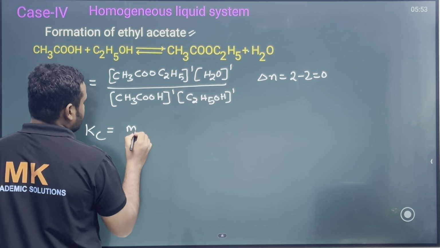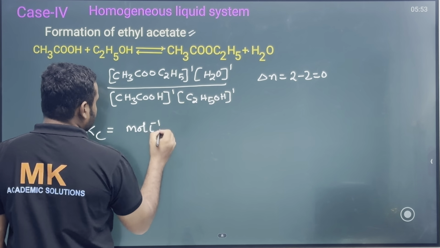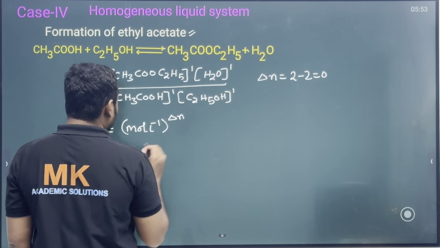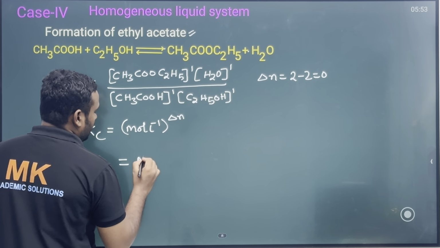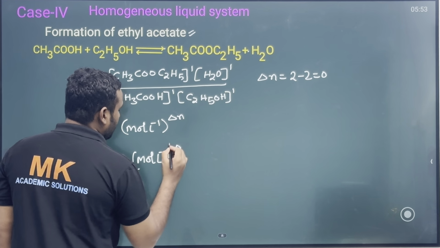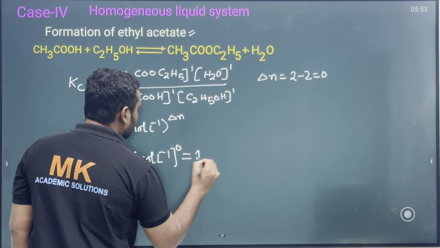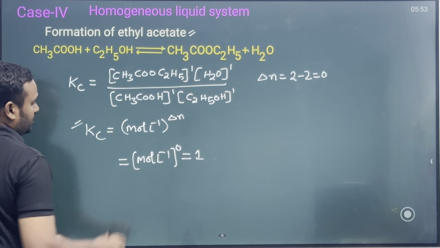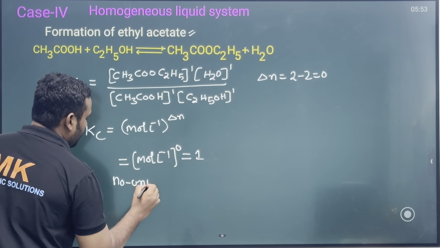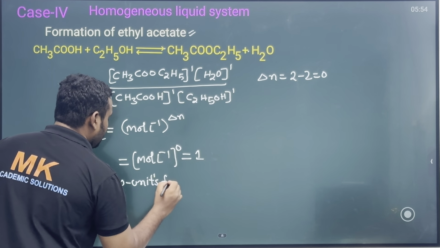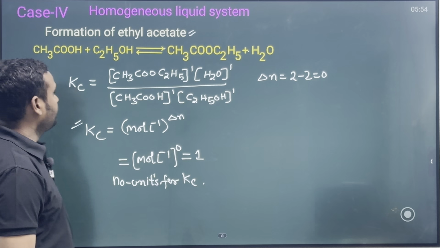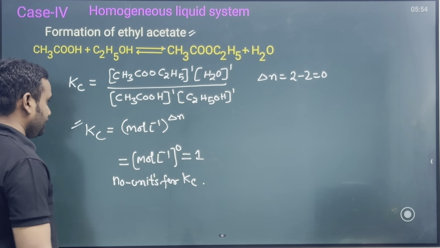We know Kc units are moles per liter to the power delta n. Here delta n equal to 0, moles per liter to the power 0, and anything to the power 0 is equal to 1. Means there are no units for Kc. So this is about the homogeneous liquid system.